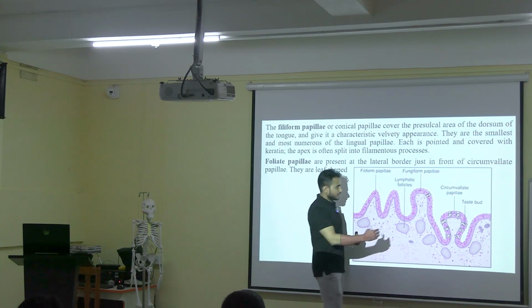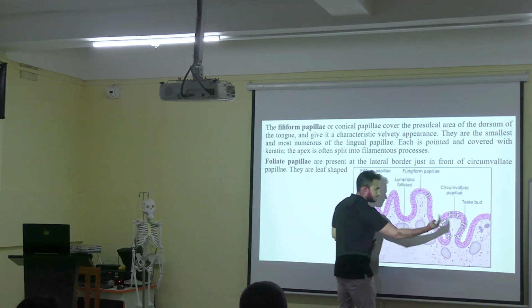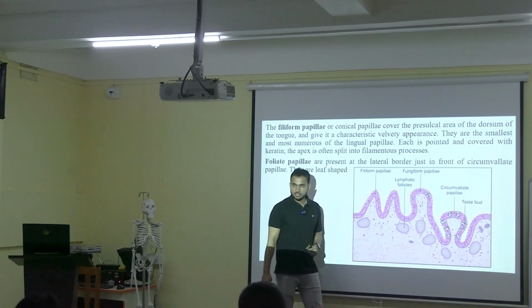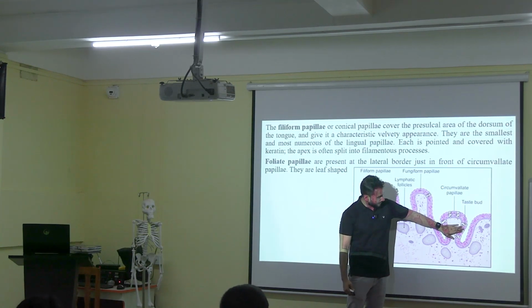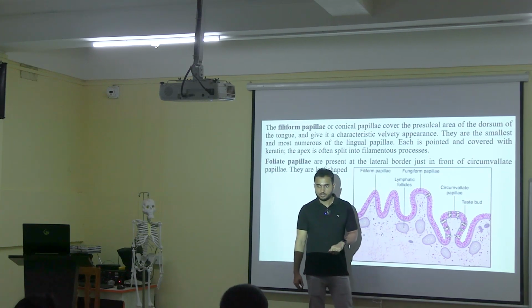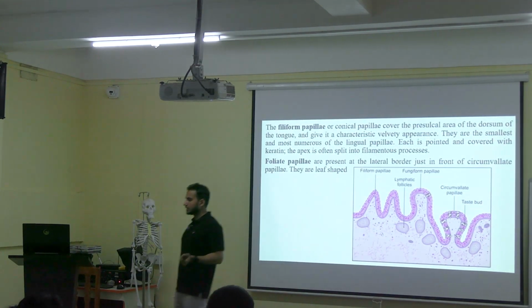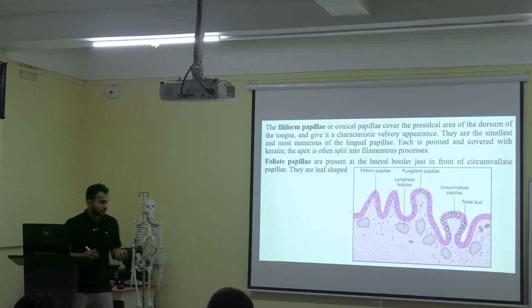Suppose this is one circumvallate papilla, this is another circumvallate papilla. In between these two, I hope you can see a sulcus is there. Now on the wall of the circumvallate papilla adjacent to the sulcus, we are getting the taste buds. Now here we will be discussing how the taste bud functions and what the structure of the taste bud is.